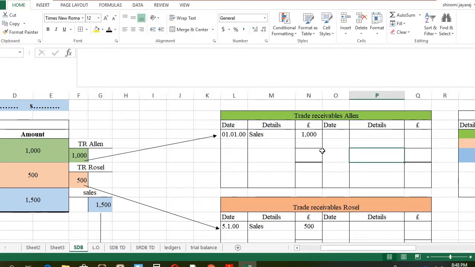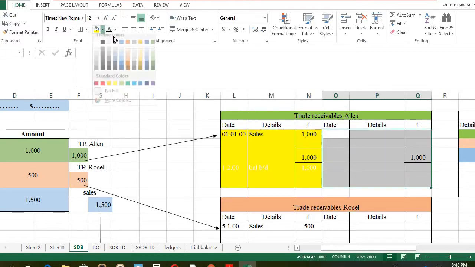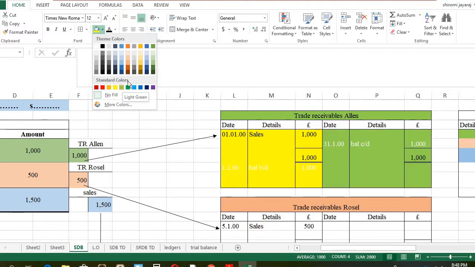Now let's balance off the ledgers. Debit side is greater, so let's bring it to the total. Let's color code debit side with yellow and credit side with green for your understanding.